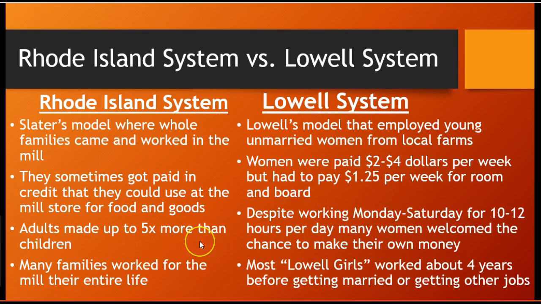With the Rhode Island system, you have the whole family working there. And the Lowell women were paid in cash every week, whereas in the Rhode Island system, oftentimes they were paid on company credit, which they were unable to use for anything other than the company store and their rent. So some major differences between the two systems.